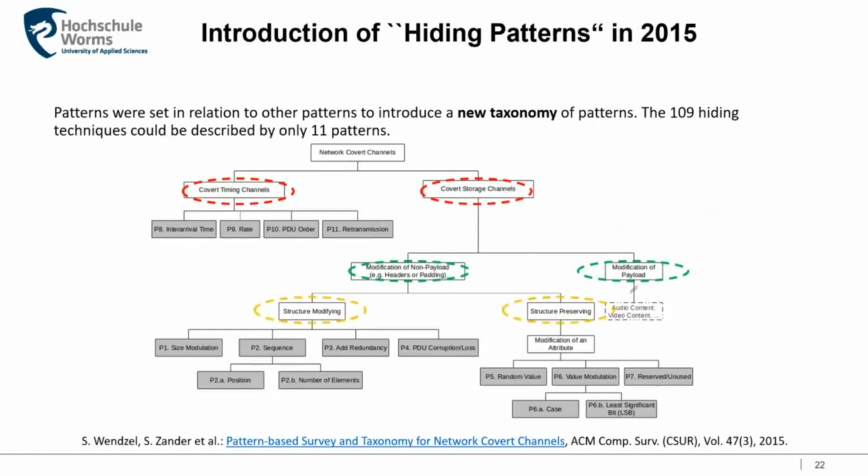And if you modify non-payload, like protocol headers, you can preserve the structure, or you modify the structure. All the gray ones are patterns, and they can also have sub-patterns. It turned out that in this first version, 109 hiding techniques were describable by only 11 patterns.